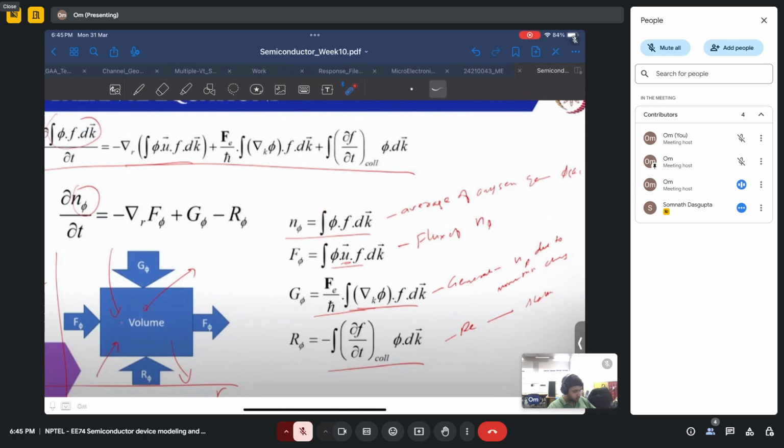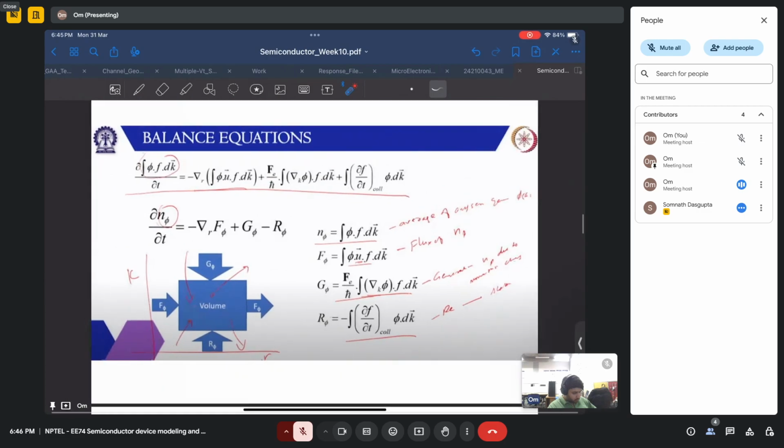This phi u is the velocity, so this is some kind of flux. This g phi is some kind of generation rate, and r phi is some kind of recombination rate due to collisions.